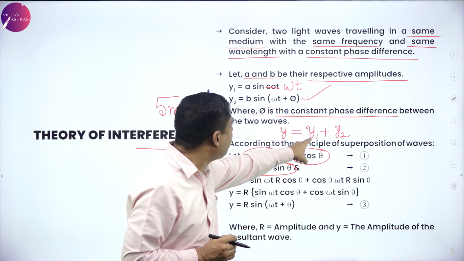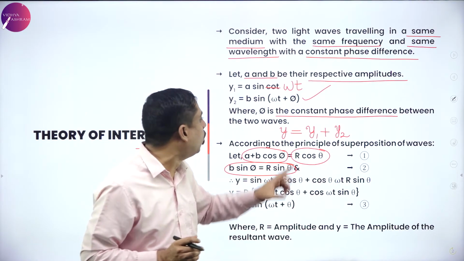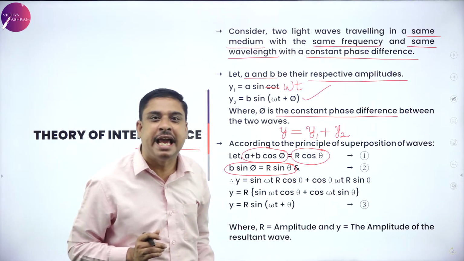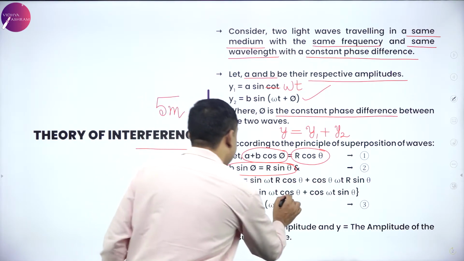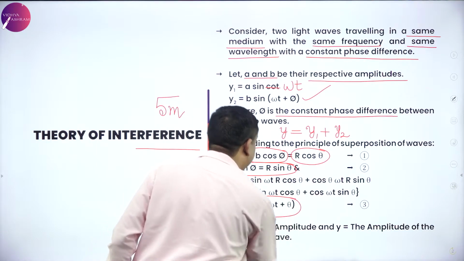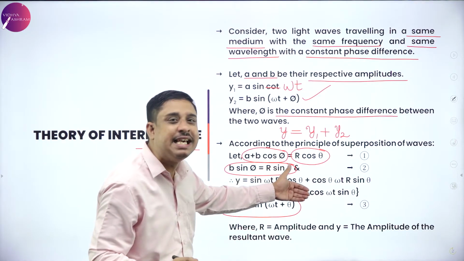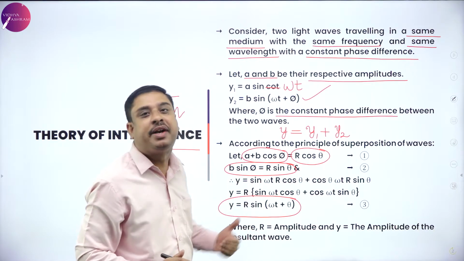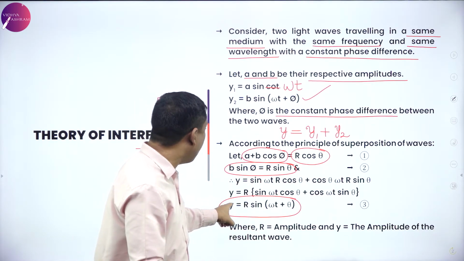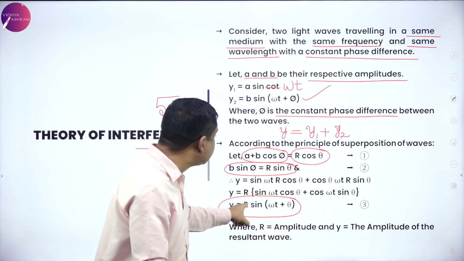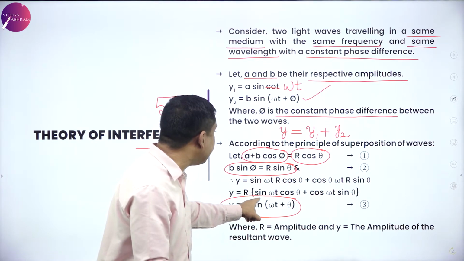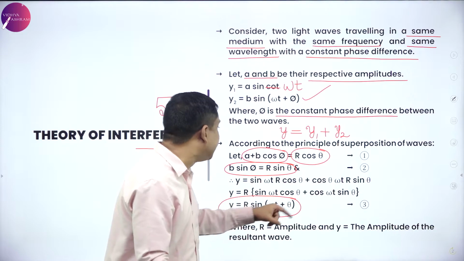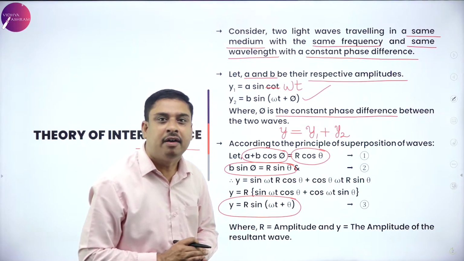Now I substitute for y1 and y2 trigonometrically. I add. I get the condition. Simplification is easy. You can try it out. It is simple trigonometric addition. y equals R sin(omega t plus theta).